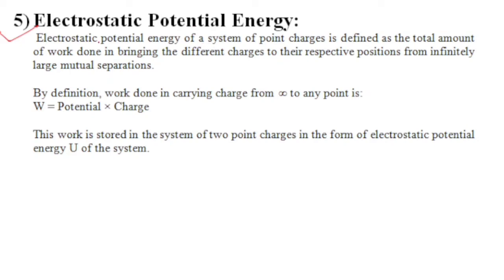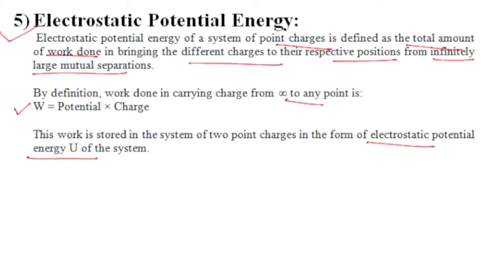It is given that the electrostatic potential energy of a system of point charges is defined as the total amount of work done in bringing different charges to their respective positions from infinitely large mutual separations. So by definition, work done in carrying a charge from infinity to any point is given by W equals potential into that charge. This work done is stored in the system in the form of electrostatic potential energy, right?